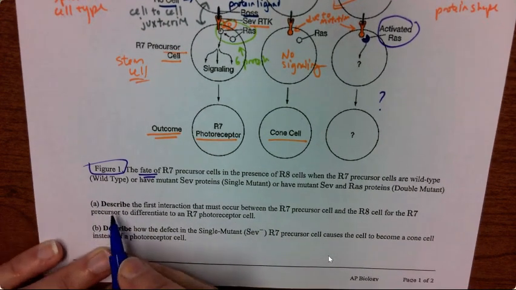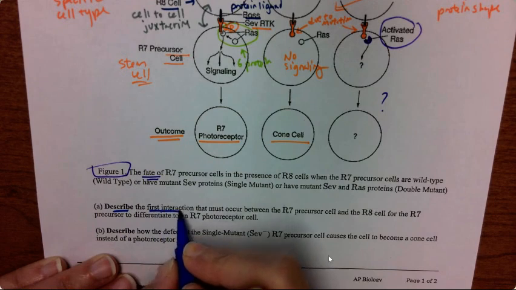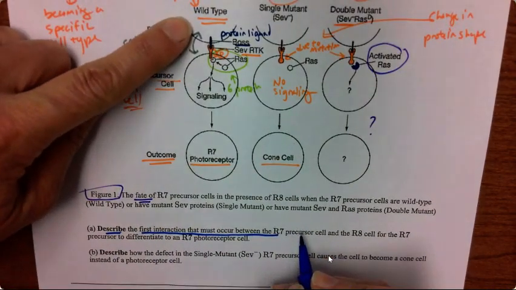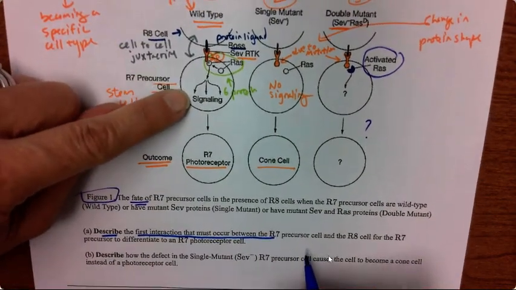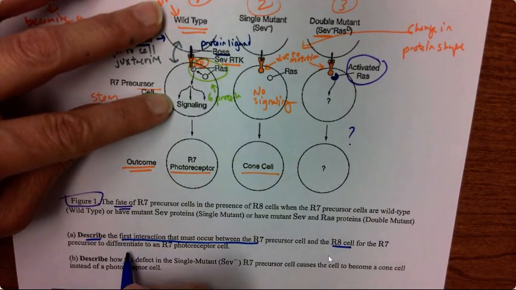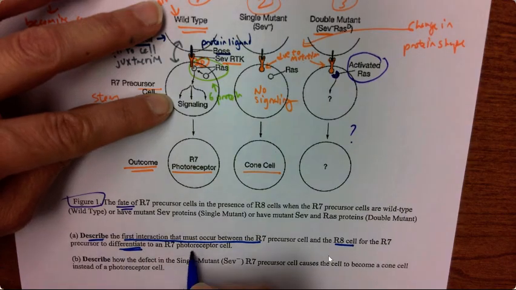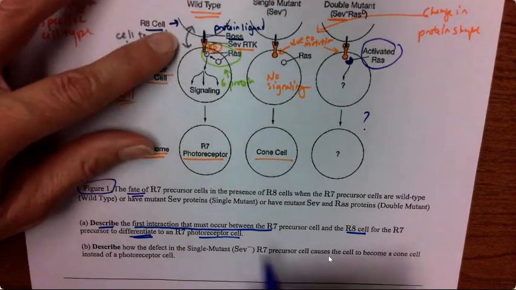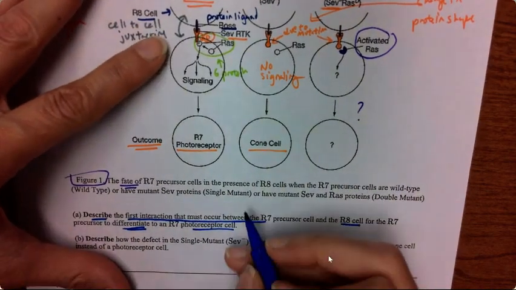A, describe the first interaction that must occur between the R7 precursor cell and the R8 cell for the R7 cell to differentiate, meaning to change into a photoreceptor cell. So what's the first thing that needs to happen? This makes me think about my signal transduction pathway.